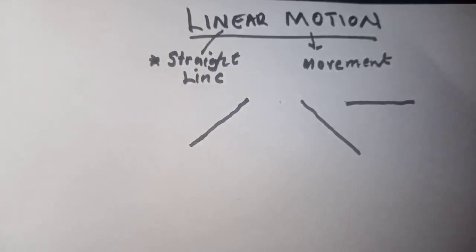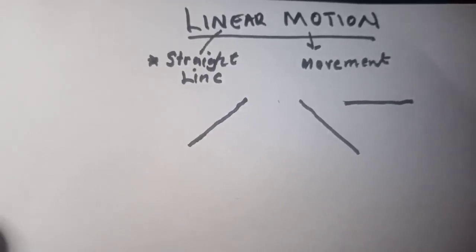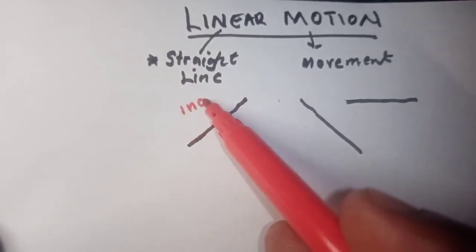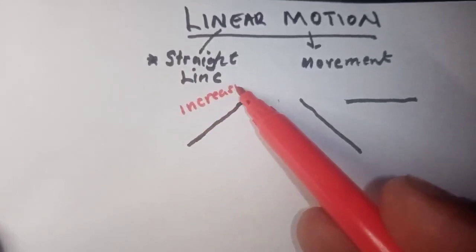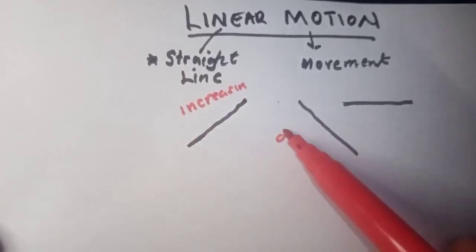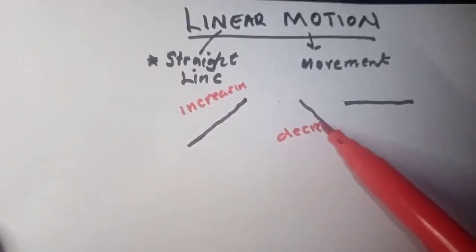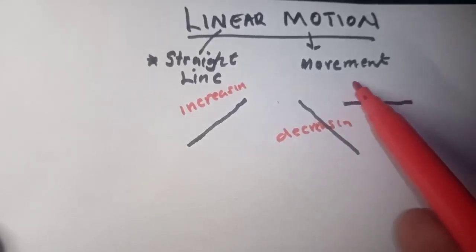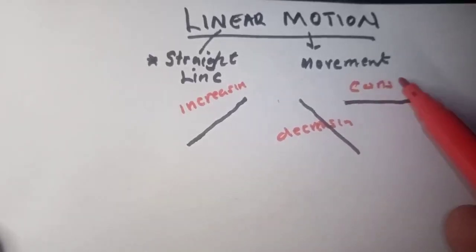Just by looking at this, this we call an increasing motion. This one is a decreasing motion. And when it's flat like this, usually we call it constant motion.